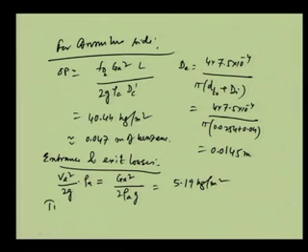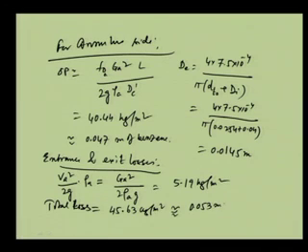So, the total loss equals the sum of these two, 40 plus 5, 45.63 kg per meter square, which is equivalent to 0.053 meter of benzene. So, this is the pressure head.